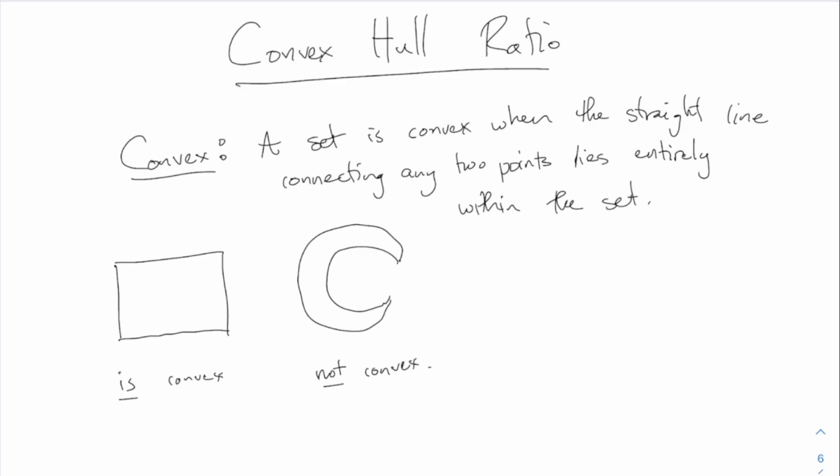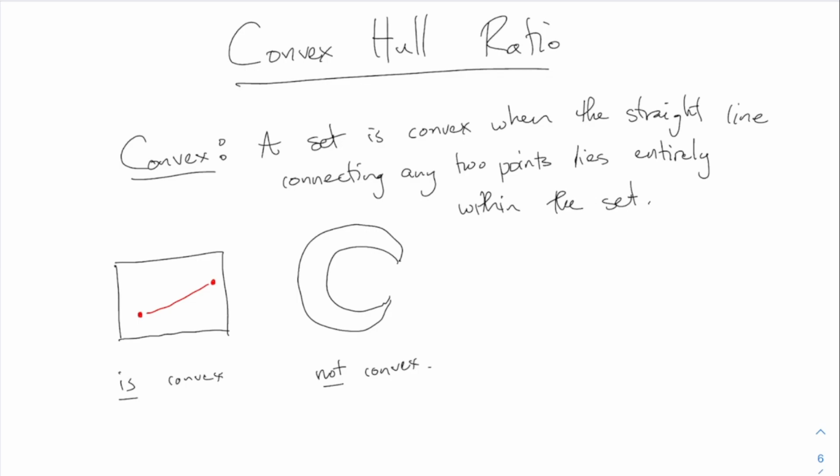So, for example, the square over there, if I take any 2 points inside the square, is it true that the straight line connecting those 2 points lies inside the square? The answer is yes. The straight line from this point to that point lies entirely inside the square. And that's true for any 2 points, no matter where you put them. You can always connect them with a straight line inside the square.